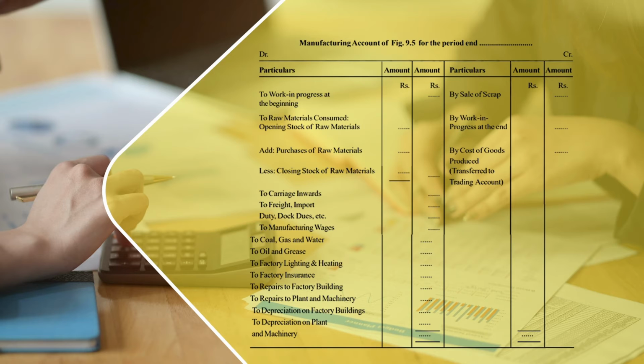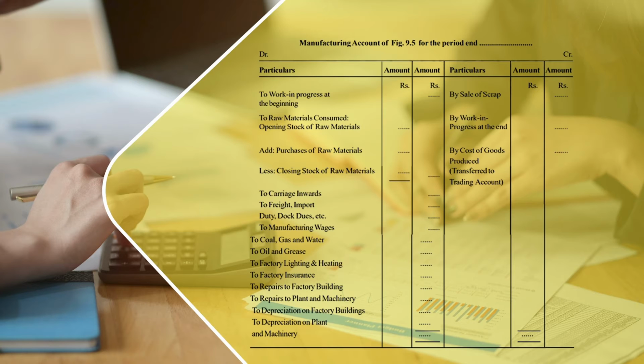As far as the credit side of the manufacturing account is concerned, let us see how it is prepared. First, sale of scrap. During the cost of conversion, if any scrap is sold off, the amount from selling the scrap will be written on the credit side.